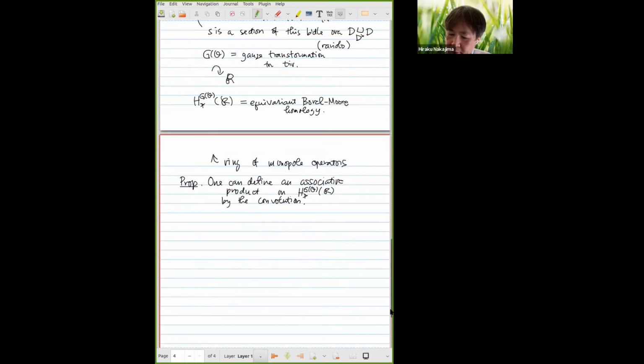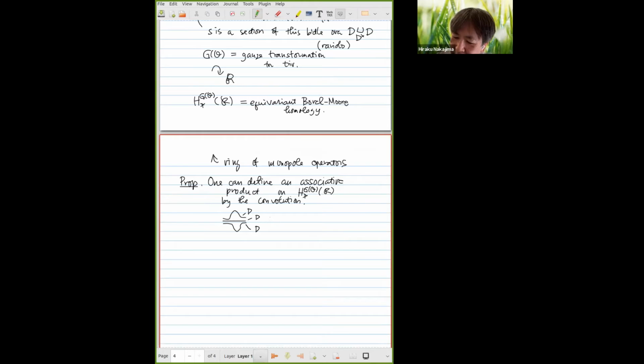So the idea is the very well known one. I consider triple disks glued along the formal disk, punctual disk.